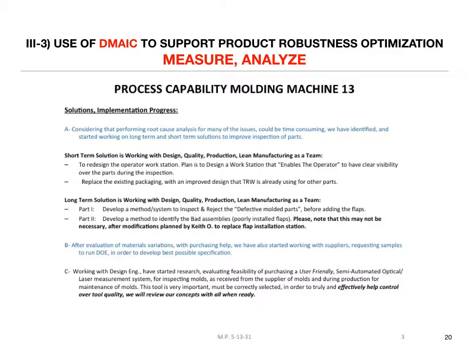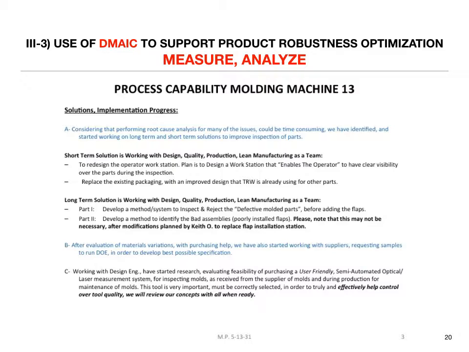Also, working with design engineering, we started researching the feasibility of purchasing a user-friendly semi-automatic optical laser measurement system for inspecting molds, both as received from the supplier of the molds and during production maintenance of molds. This tool is very important and must be correctly selected in order to truly and effectively help control tool quality.